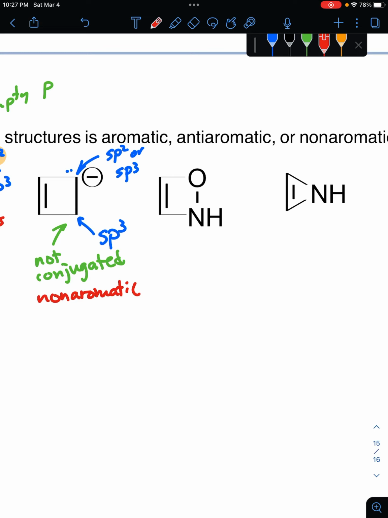If you're not a Jew, you are said to be a Gentile, like I'm a Gentile. But you don't have to be Japanese to be a Gentile. Anybody can be a Gentile, as long as you don't happen to be a Jewish person. So same thing. Non-aromatic just refers to just about any compound that's not aromatic or anti-aromatic.